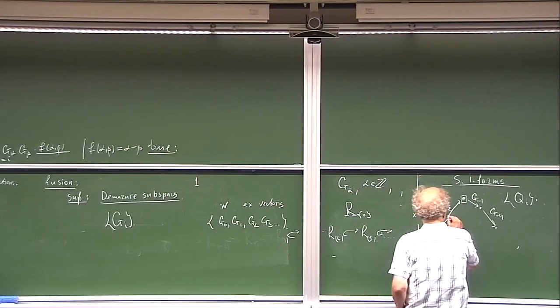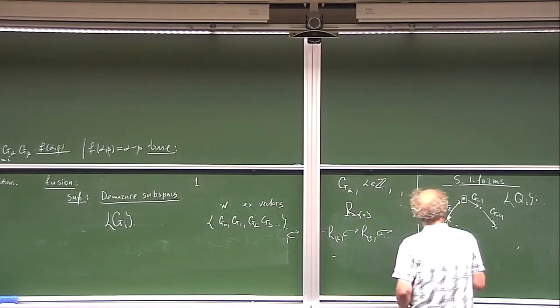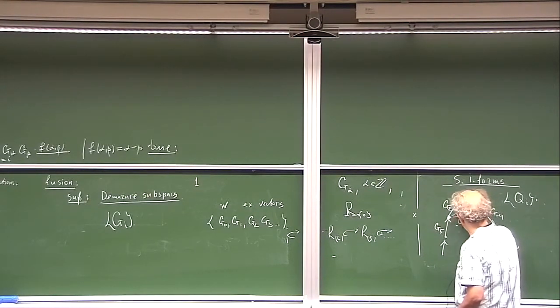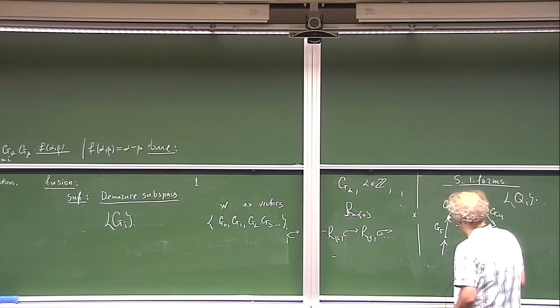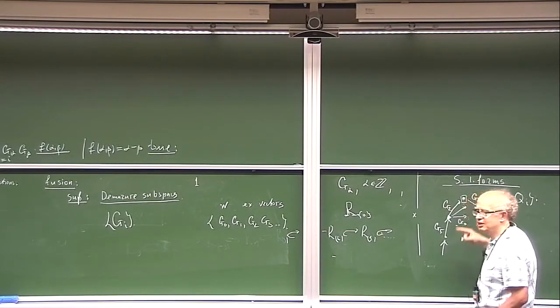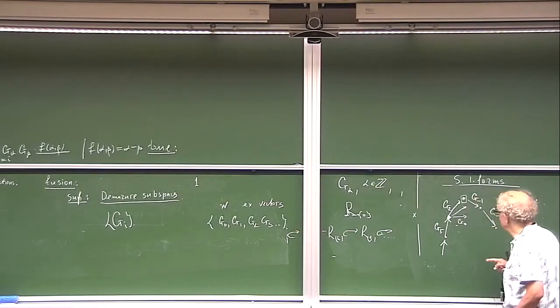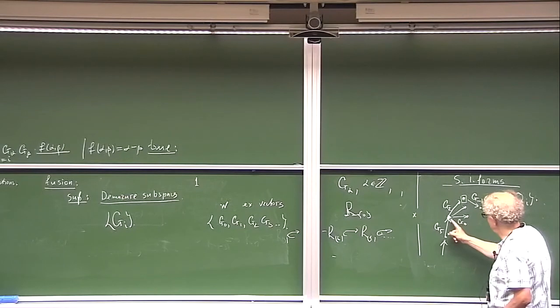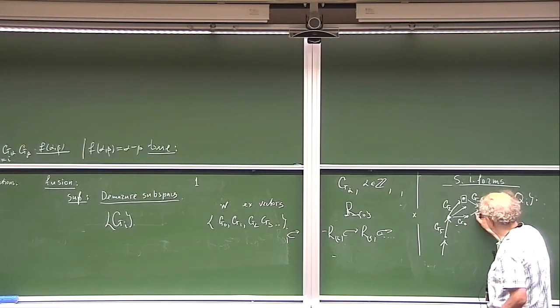Now look at this point. What can I do? I can act on this vector by G0, and I can act on this vector by G1, and so I get as a result this vector and this vector. And not only that, you can take this vector and act by G0 and here by G1. It will not be 0.